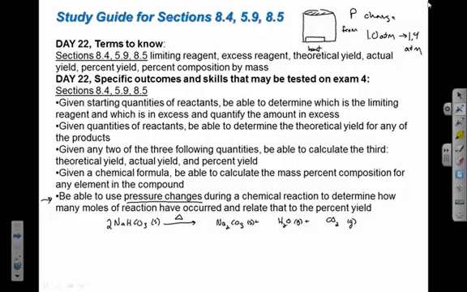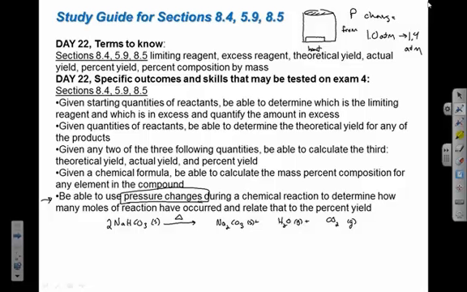Right, so relating a change in pressure to a quantity of reaction that's occurred, how do I do that? Well, the quantity of the reaction that's occurred, or the amount of reaction that has happened, usually measured in moles or grams, but we know the relationship between moles and grams, so either way we can convert between those two.